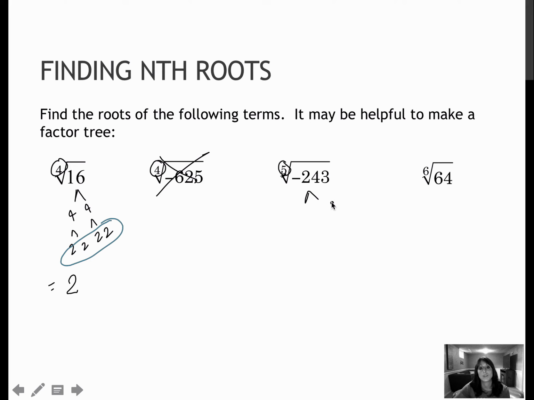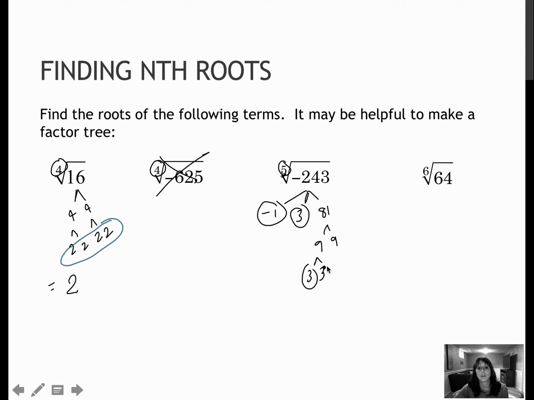I'm going to start with a 3. I know that 3 goes into 243. Remember the rule: I could take 2 plus 4 plus 3, which is 9, and since 3 goes into 9, 3 goes into 243. I am going to put a negative 1 on the outside because I know it's going to be a negative. 3 goes into 243 81 times. 3 is prime, 81 is not. 81 breaks down into 9 times 9.